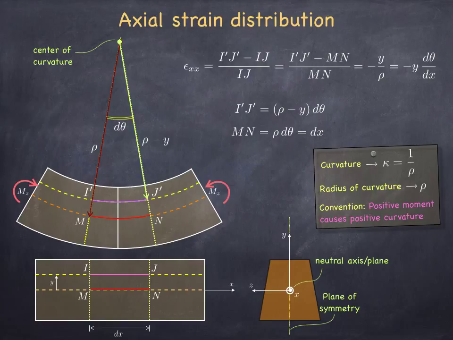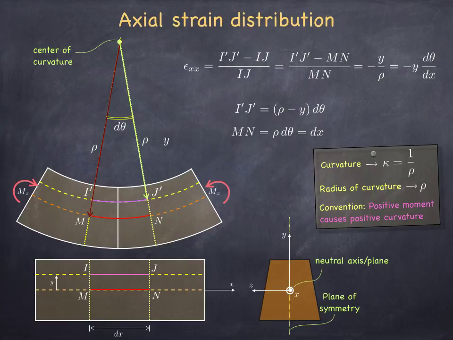So let us make some observations here. When y is equal to 0, epsilon xx is 0; we are at the neutral plane. Of course, we do not yet know where that origin of y is relative to the cross-section itself. For example, we do not know how far it is from the bottom of this little trapezoid yet. We will discover that soon, but we know that when y is equal to 0, we are at the neutral plane.